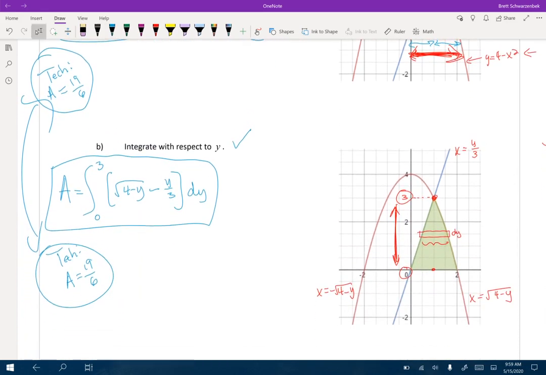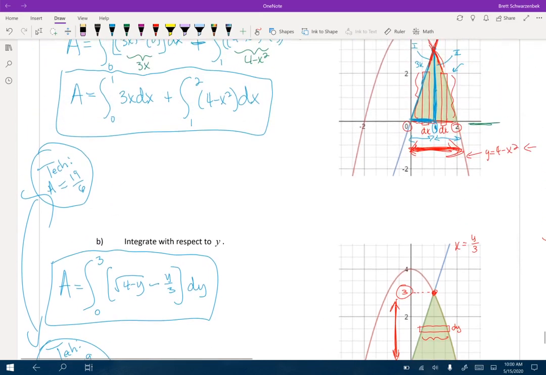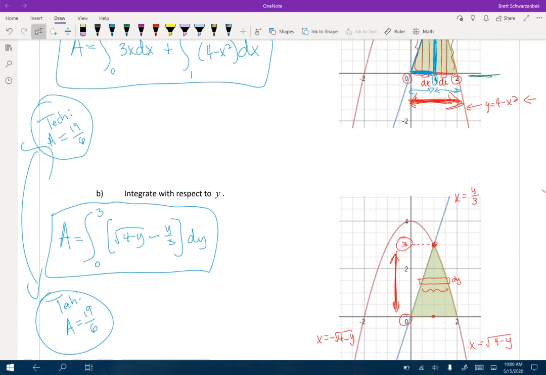Ideally, we would do it with one equation with respect to y, but these are the integral equations for finding these pieces. Seeing the difference between one to the other and how they work is very important, and also why I use this representative rectangle to help out with the process.